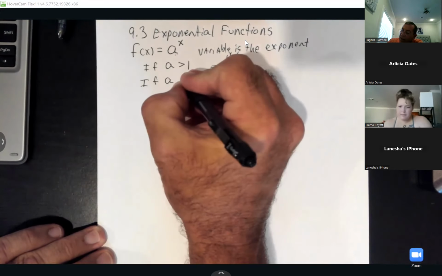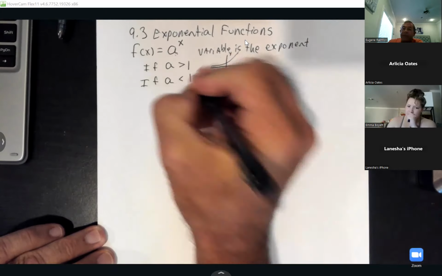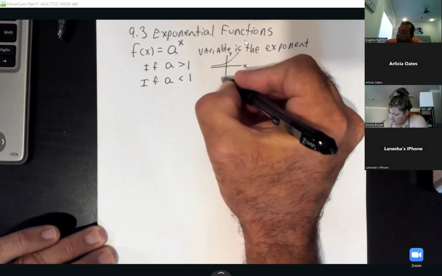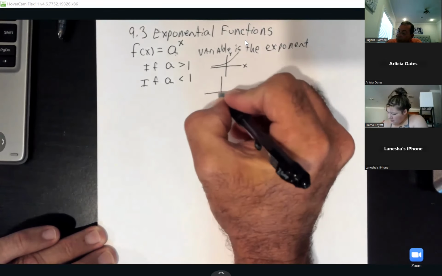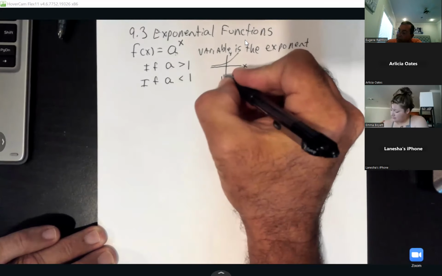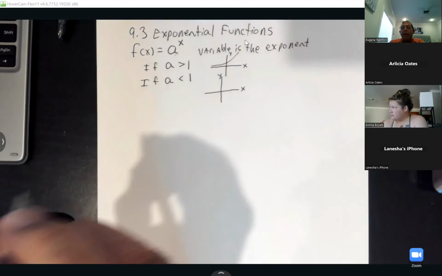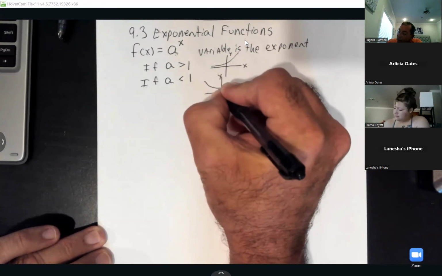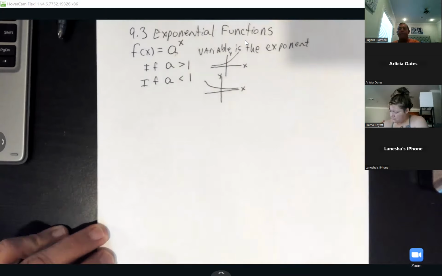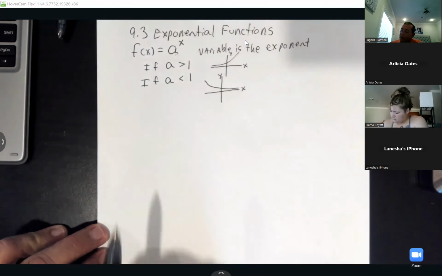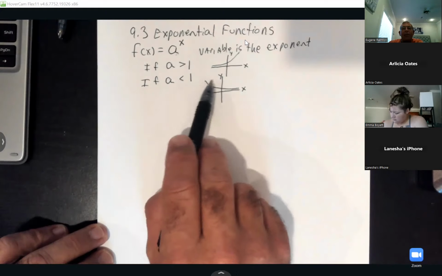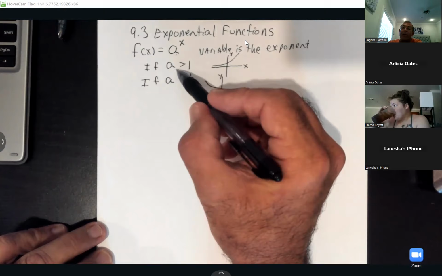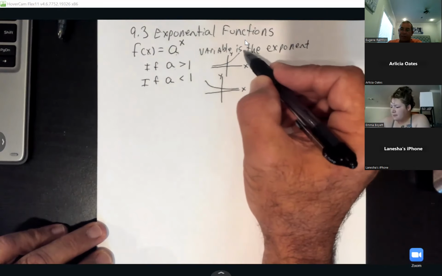If the a is less than 1, such as a fraction, then that graph will be the opposite, and it's going to come down from left to right. So fractions will decrease left to right. If the a is greater than 1, then it's going to increase left to right.